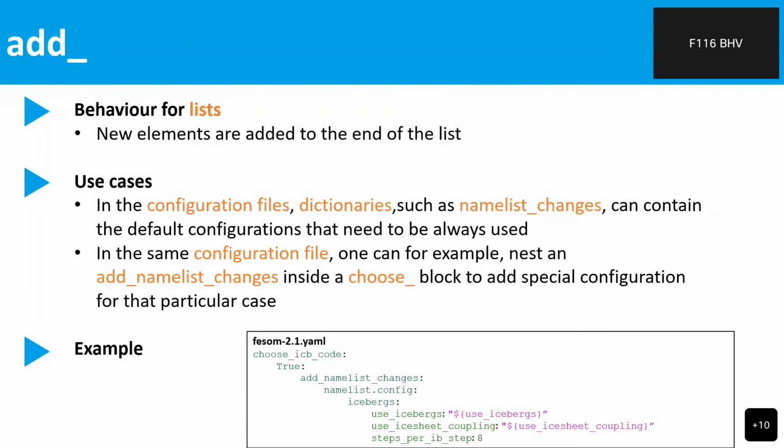Well, if I cannot contact Lars, who is the person that put together this part of the YAML file, you can still go to the FESON YAML file and look for the variables, and then see, okay, I have a choose here, and this choose is contemplating this option, so I can just activate it. Instead of going into my run script and adding name list changes yourself, maybe someone has done the work for you already. So always check the configuration files first to see if someone has done the work for you.